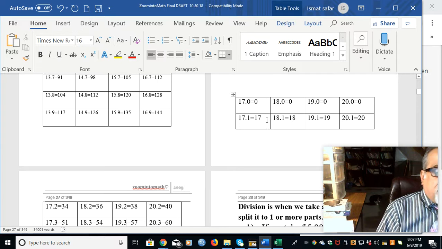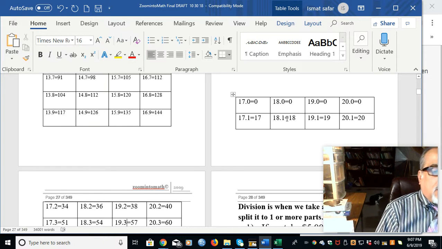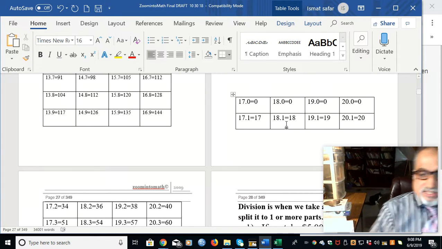These are very, very good tables to memorize multiplication numbers. You must go through them to be able to multiply or memorize a lot of multiplication numbers.